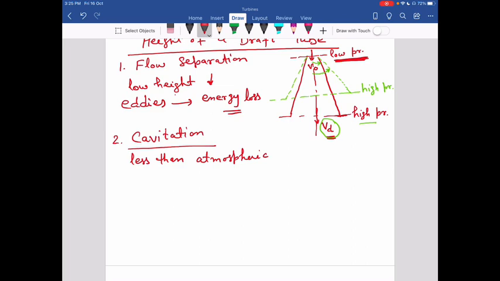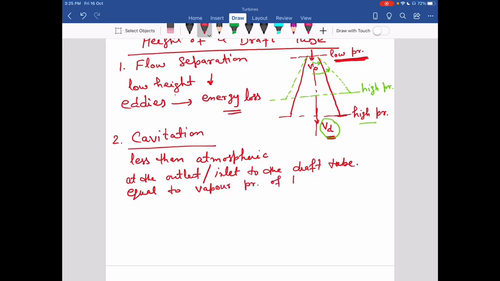So a stage comes when at the outlet, or you can say at the inlet to the draft tube, the pressure becomes less than, or you can say becomes equal to, the vapor pressure of the liquid, that is the water.